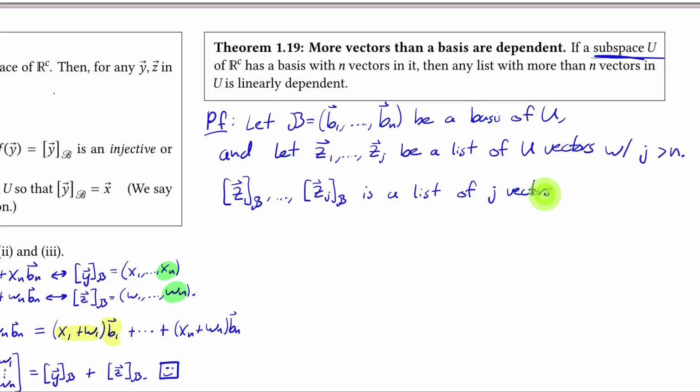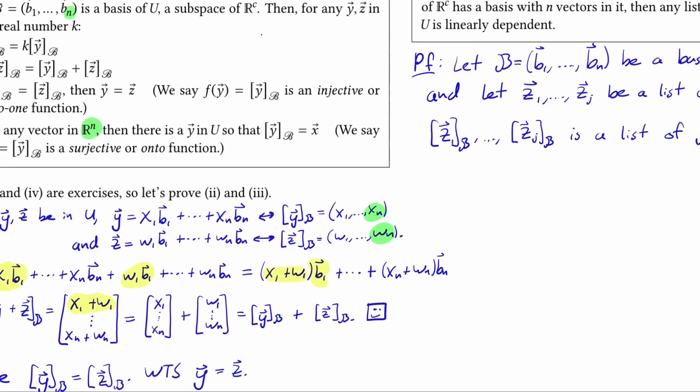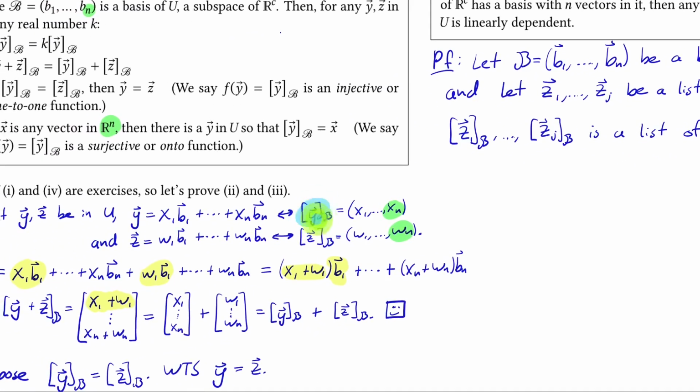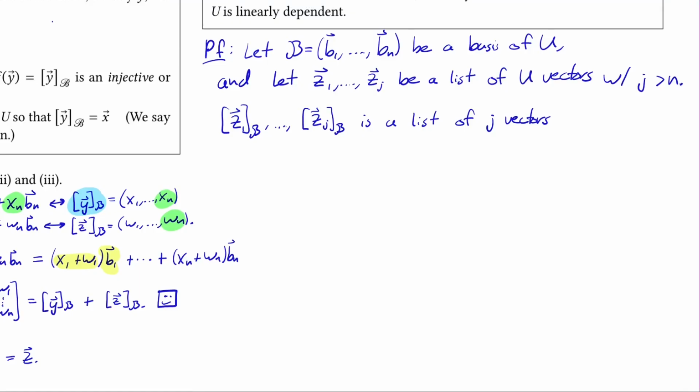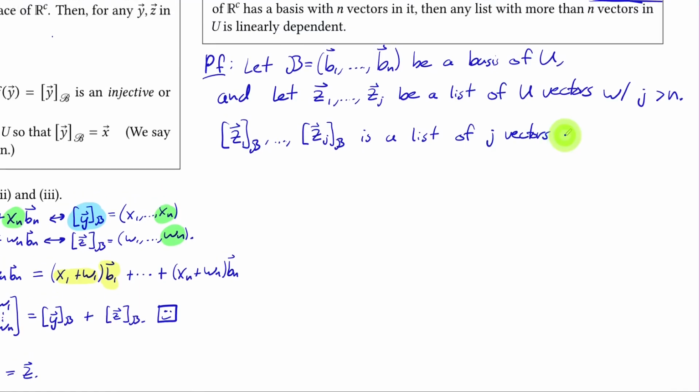Well, just like before, where we say if the B coordinates of y are x1 through xn, there's n of them because you need n of them to match with the n basis vectors. So these are all vectors in R^n.